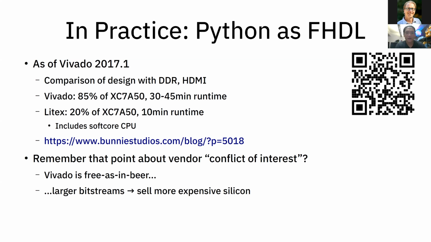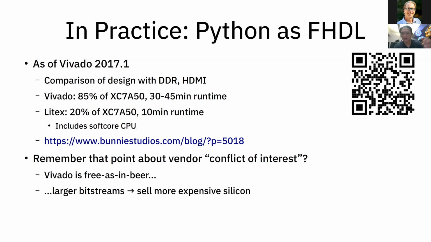In Vivado, it took 85% of a 7850, and 30 to 45 minutes for a single compilation pass. Litex, which is still compiling with Vivado, so it's the same compiler, but the IP is just different, takes 20% of the same device and compiles in 10 minutes. It also included a soft-core CPU, which the Vivado flow didn't include. So I got a CPU for free in that.